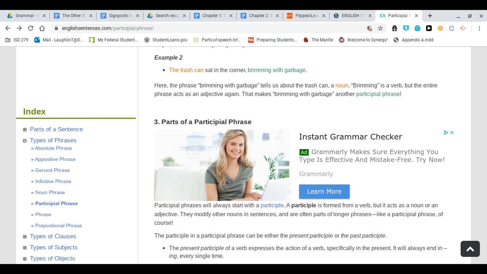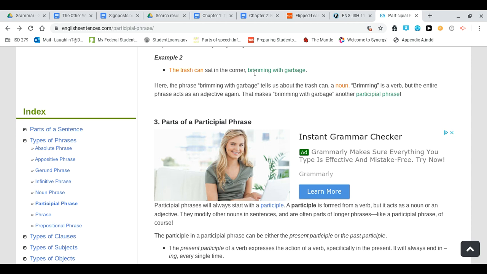If you look in example 2, you see the participial phrase at the end, but once again, it's separated from the independent clause by a comma. So notice that while it modifies the subject of the independent clause, it is not necessary to complete the sentence. It's there, like it said above, to spice up or to describe the subject.